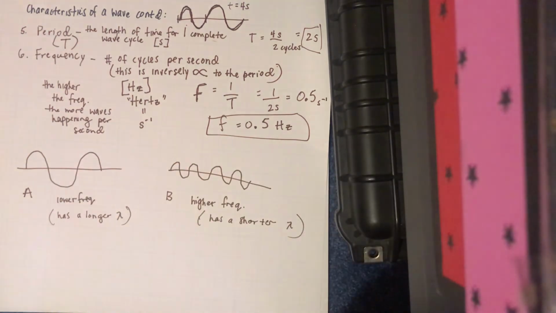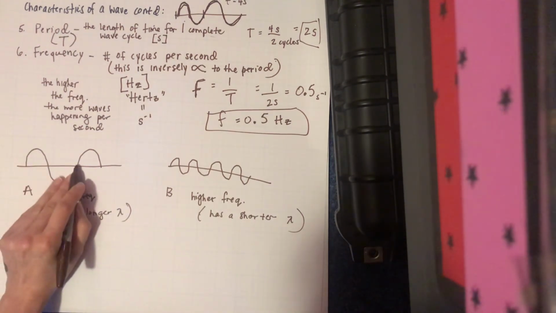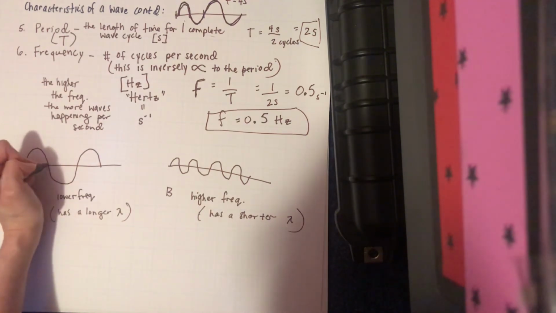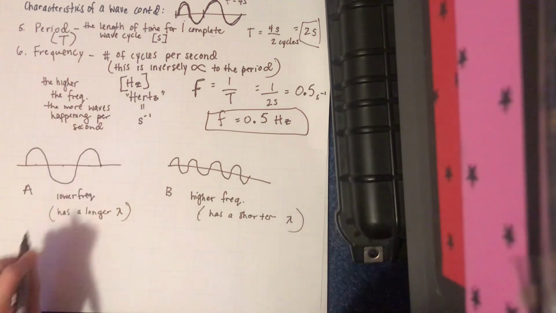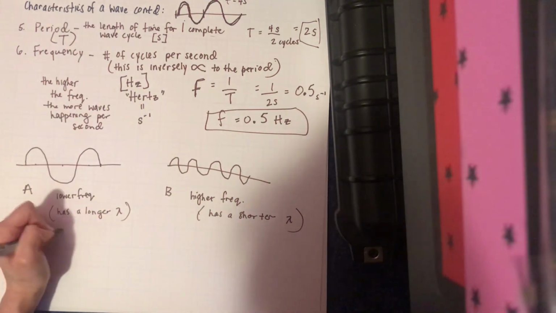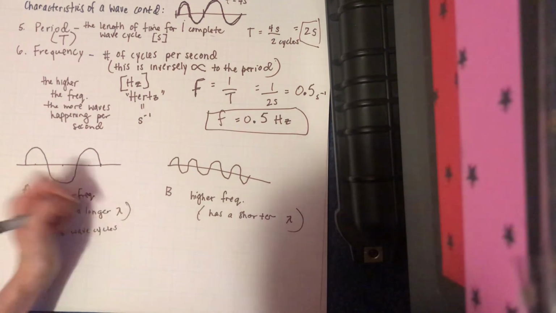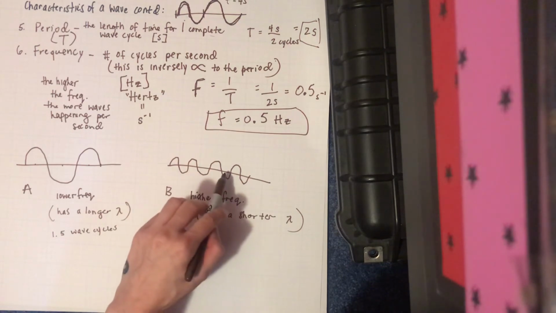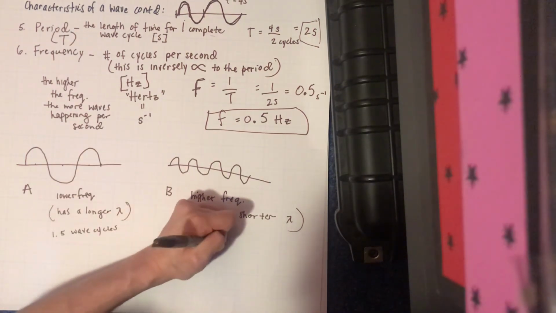Okay. By the way, just to review how many wave cycles are happening, this has 1.5, because remember, this is 90 degrees, 180, 270, 360, 90, 180. So here we have 1.5 wave cycles. And over here we have 1, 2, 3, 4 wave cycles.